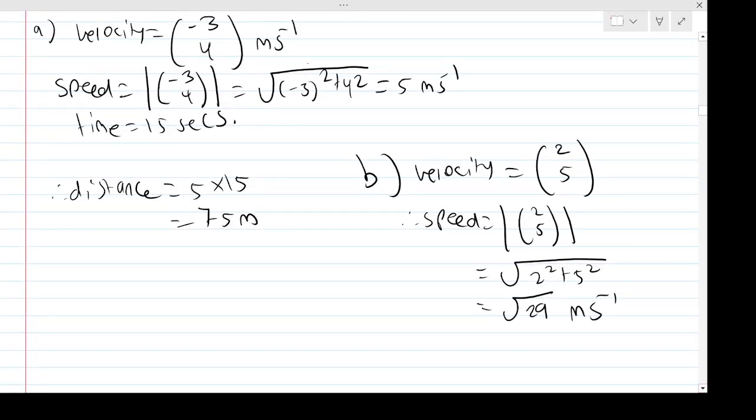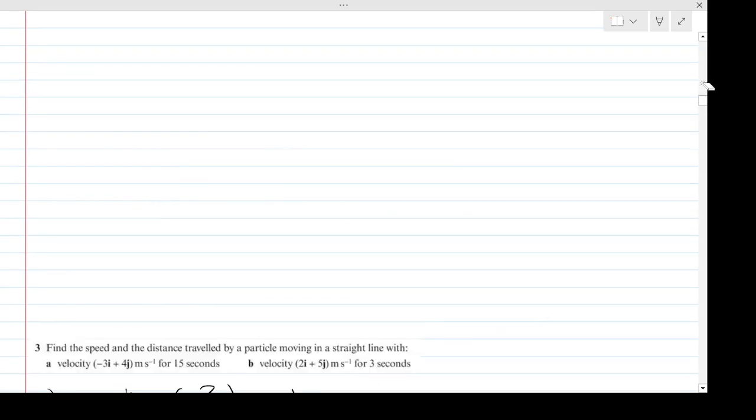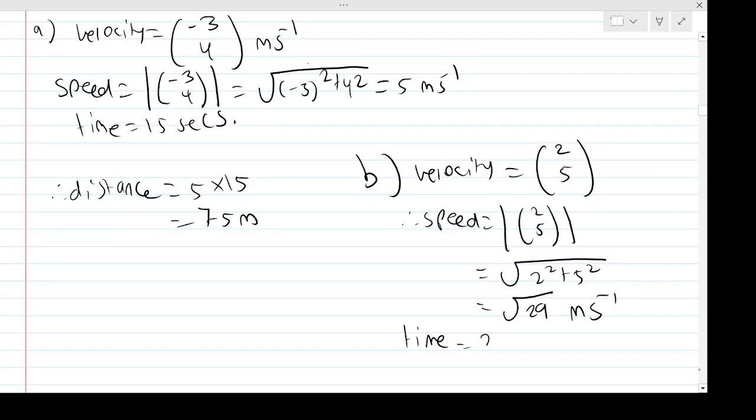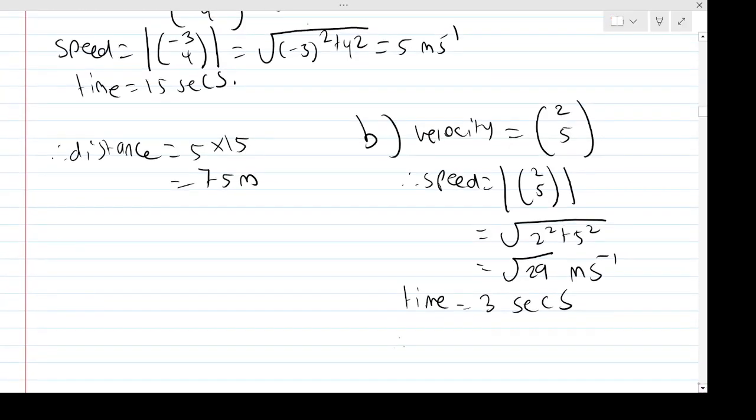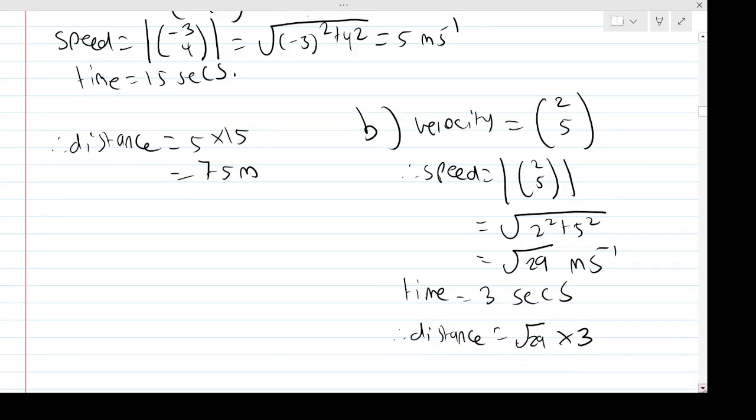So that's my speed. I'm also given the time now is 3 seconds. So therefore my distance is going to be speed times time. So it's going to be root 29 times 3, which is just simply 3 root 29.